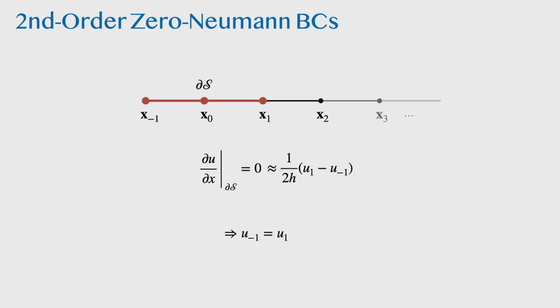But the key property I want to show here with this example is that the data at the ghost point location is replaced by data at its mirror location inside the domain. So it mirrors through your boundary partial s, or reflects through.